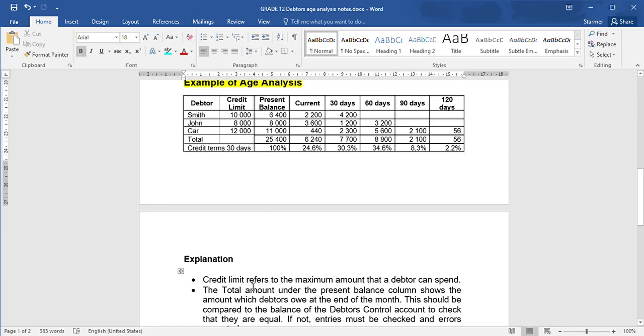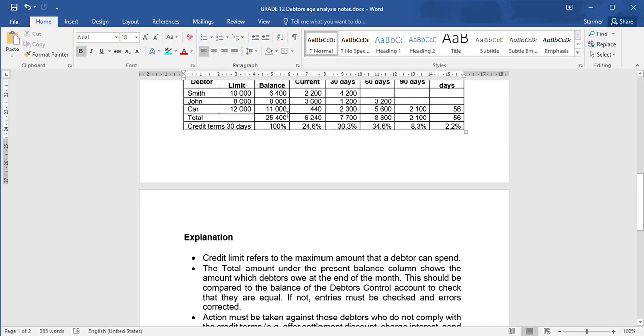Just a little bit more detail regarding this age analysis. First of all, the credit limit, this here, that refers to the maximum amount that the debtor can spend. So this guy here can't spend any more because he's actually reached his credit limit. Then this total balance here of 25,400, that shows the amount that the debtors owe at the end of the month. That's the one that should equal the total of the debtors list. So that amount here is what you're going to do that internal reconciliation with to check that it's the same as the debtors list.